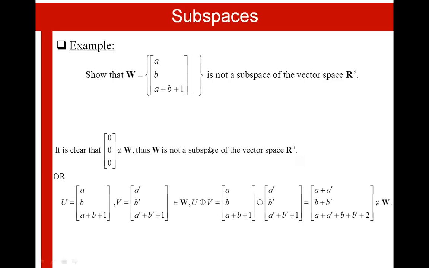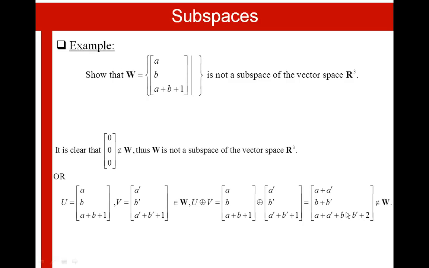It is sufficient to prove that. However, to show that the other conditions are not met as well, we will continue to show that the second condition is also not met. If U is equal to (A, B, A plus B plus 1), and V is equal to (A prime, B prime, A prime plus B prime plus 1), if we add these two together, we obtain (A plus A prime, B plus B prime, A plus A prime plus B plus B prime plus 2).